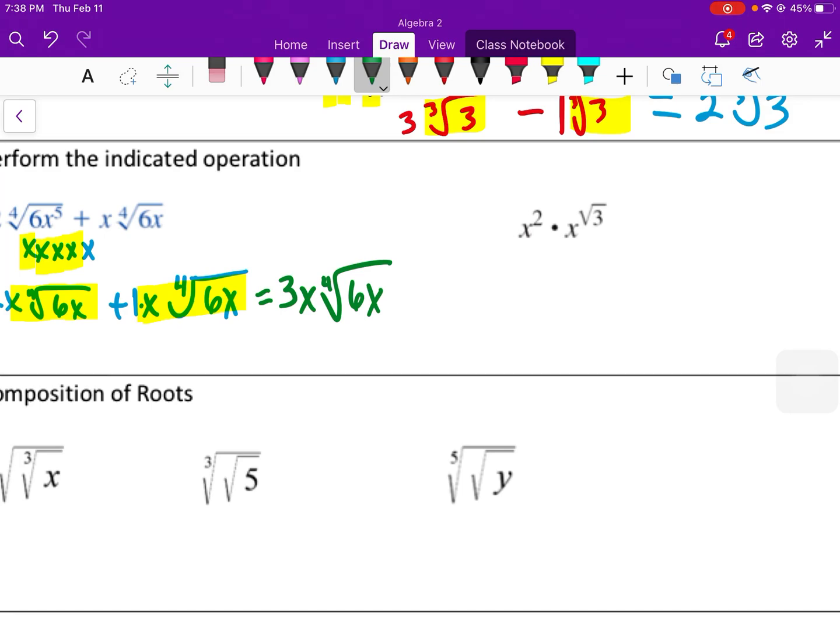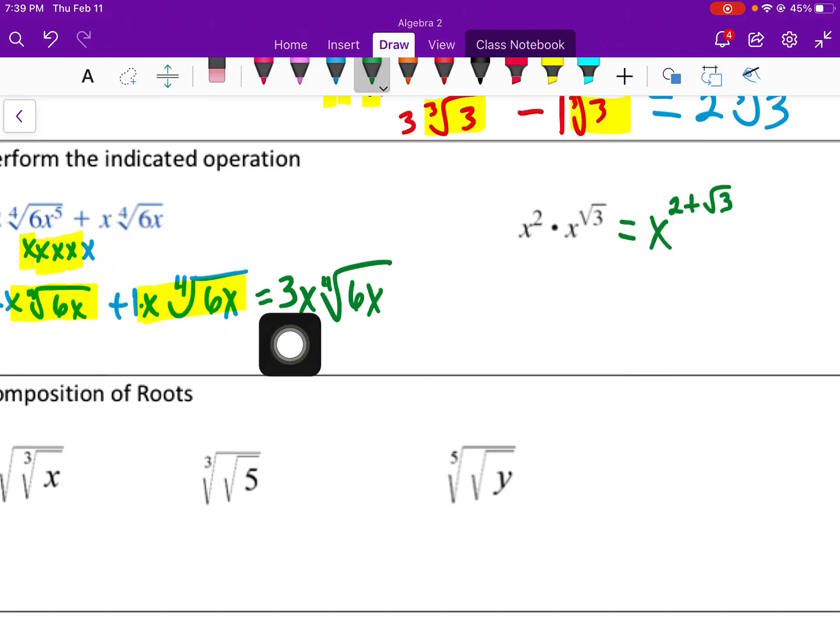Okay, over here, now we have review. So, and this will tie into this lesson. If we have the same base and it's the product of the two, we're going to add the exponents. So x squared plus the square root of 3. And what are we trying to relate this back to? Well, what we're doing is that we're showing now the exponent is not like terms because we have an integer and an irrational number.